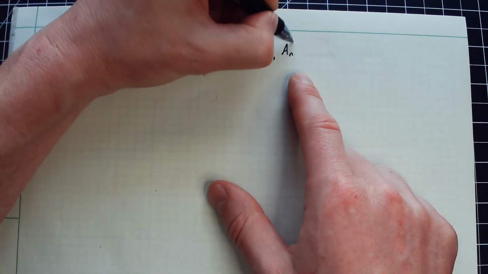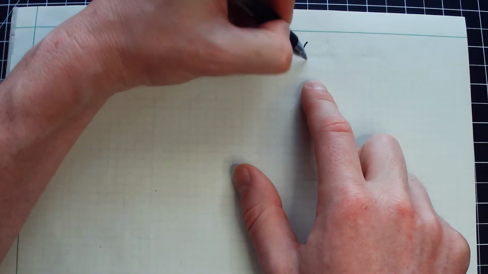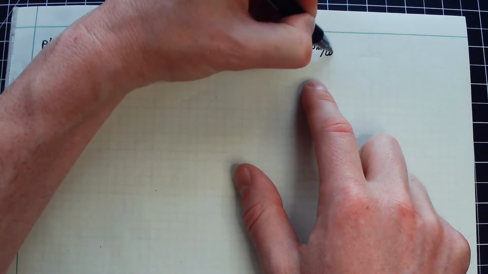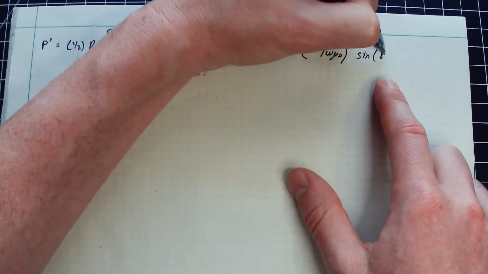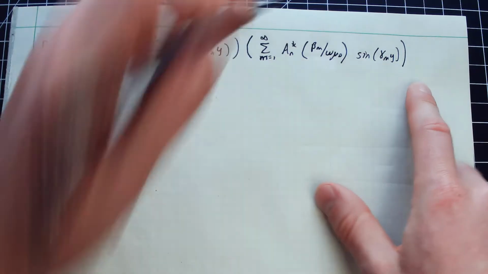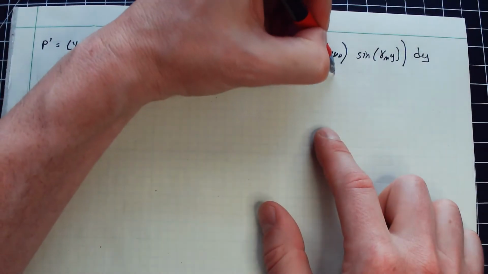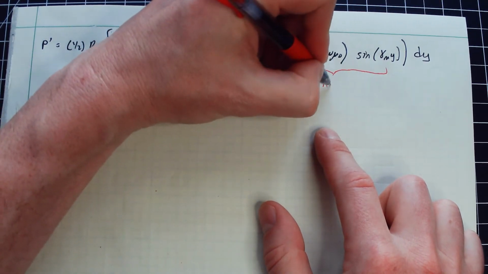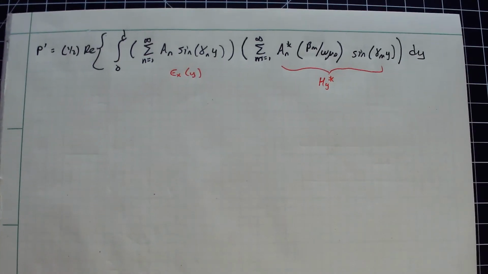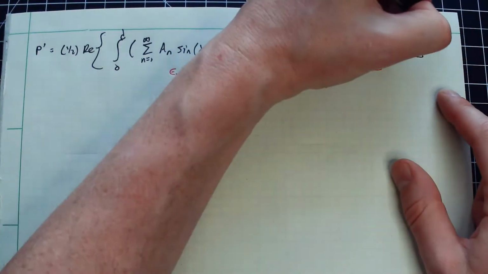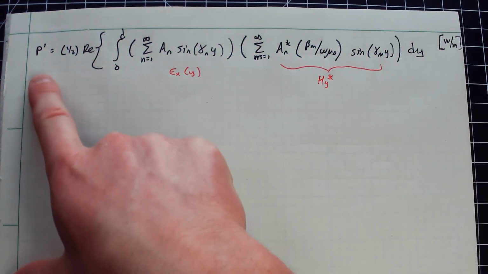And I'm going to get A sub n conjugate, because we're conjugating this little bit here. And there's going to be a beta sub m over omega mu naught times sine of gamma sub m y. Okay, and we're integrating across y. So this whole thing here is my H_y conjugate for my Poynting vector here. And of course the units implied at the end of the day will be watts per meter. So that's where it's a linear power density.